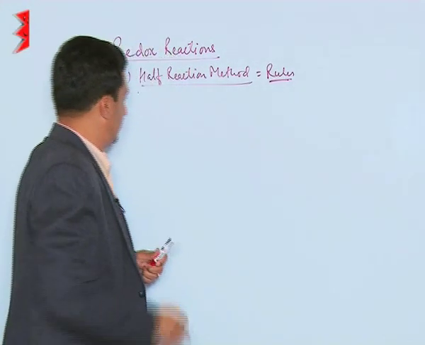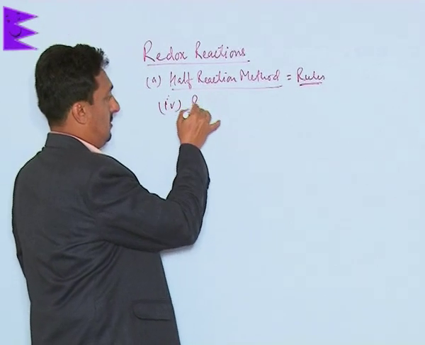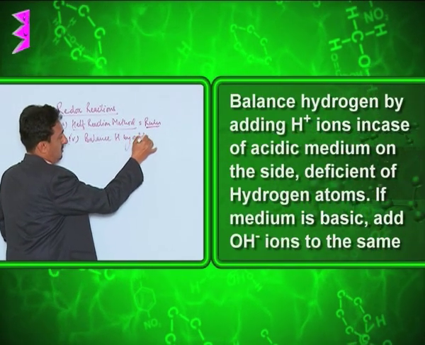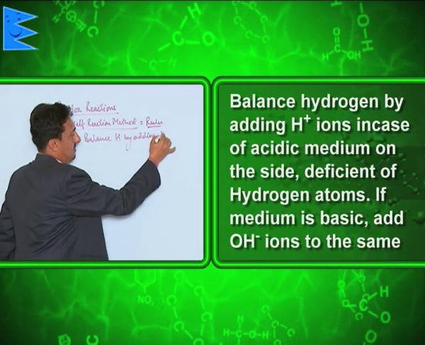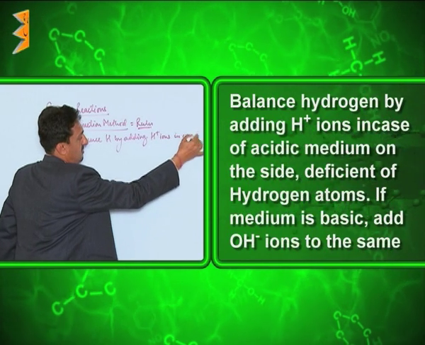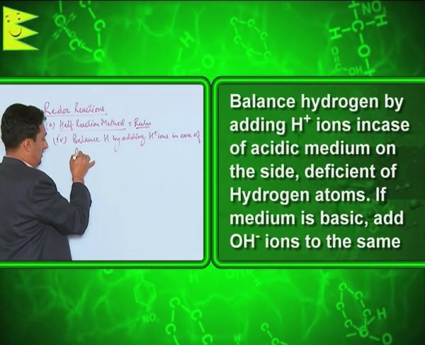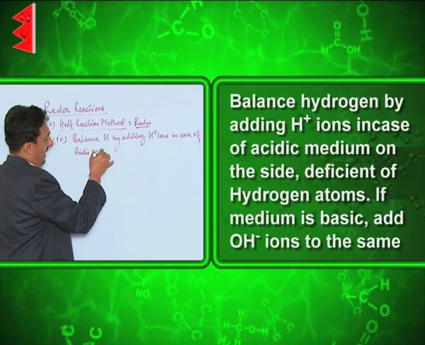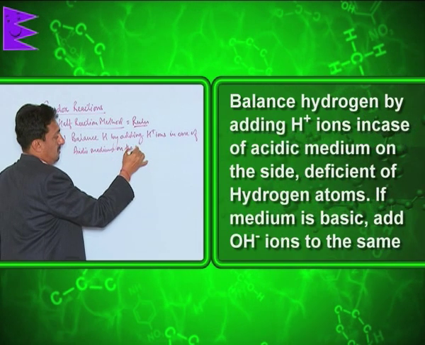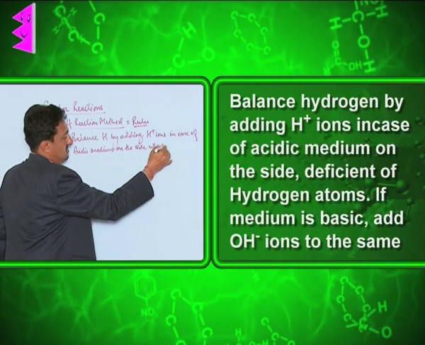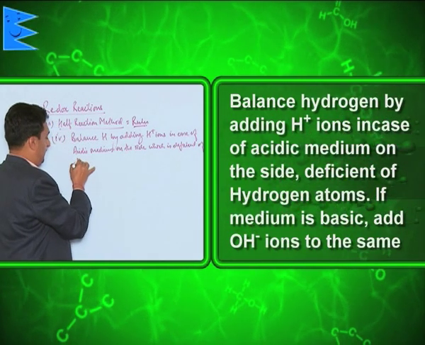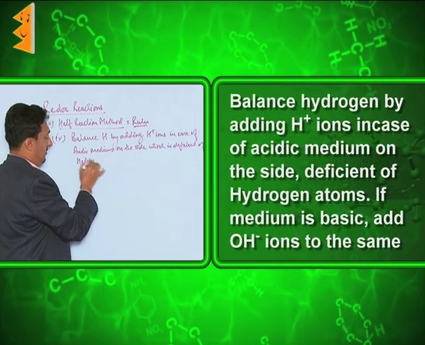Hydrogen is to be balanced by adding H plus ions in case of acidic medium on the side which is deficient of hydrogen atoms.